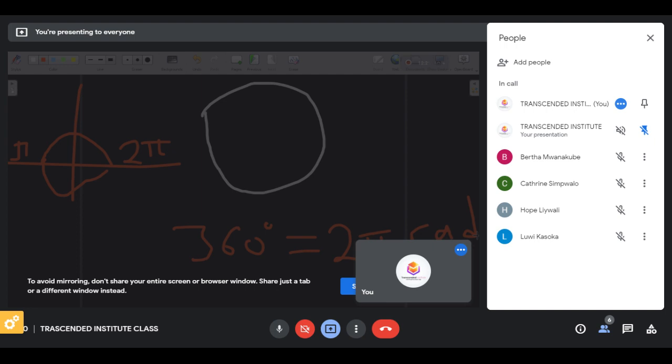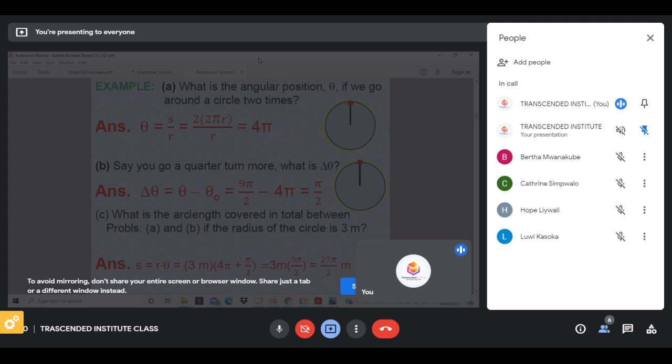Okay. So now if you're asked, it has gone around how many times? 2 times. It is going to be by 2, of course. All right. That is in terms of the angular displacement now.